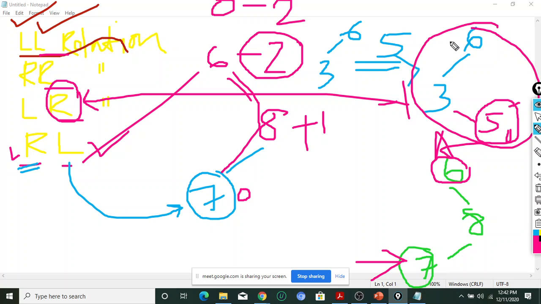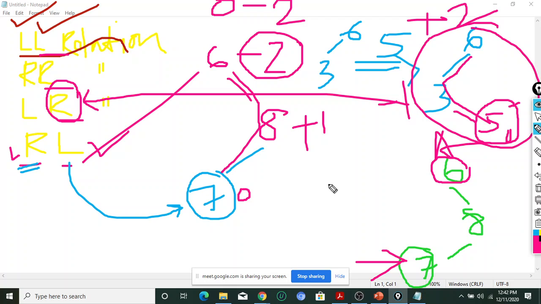Anybody can say? It is very easy, I have to discuss so many times. This is the left subtree, so this is plus 2.